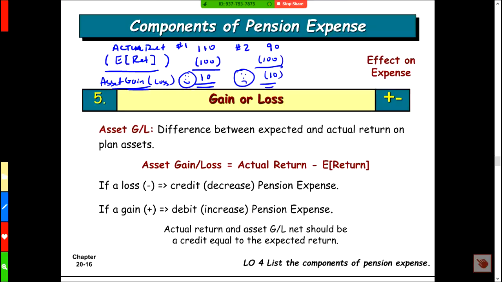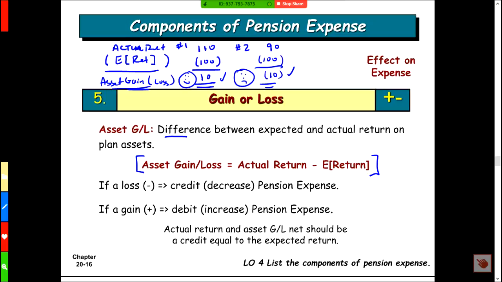So this formula will always work, and you could flip it around, but putting the actual return first, your negative number is a loss and your positive number is a gain. It is just the difference between expected and actual, but if you set it up with actual minus expected return, then the negative and plus are more intuitive.